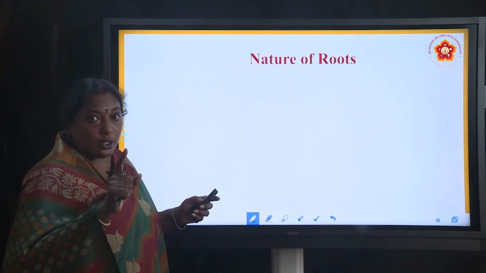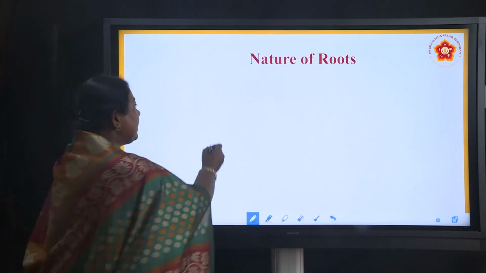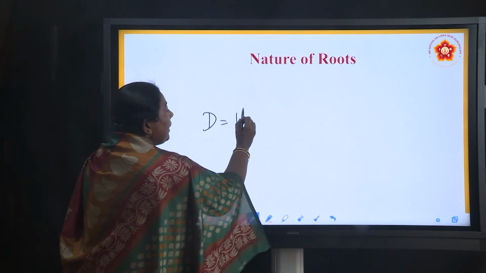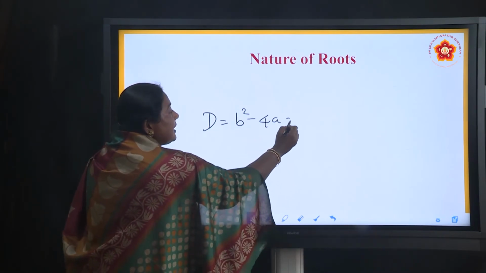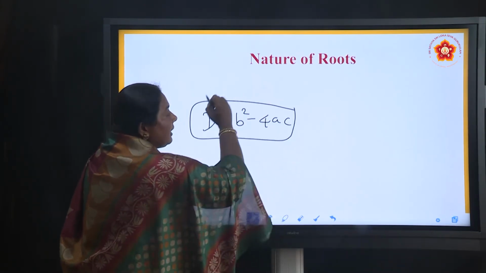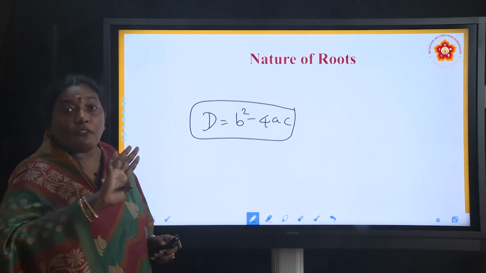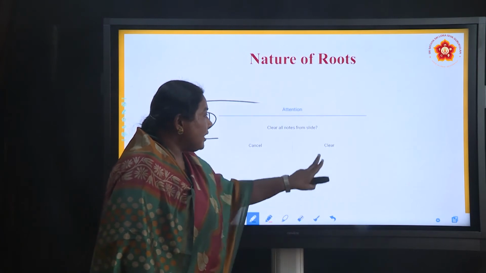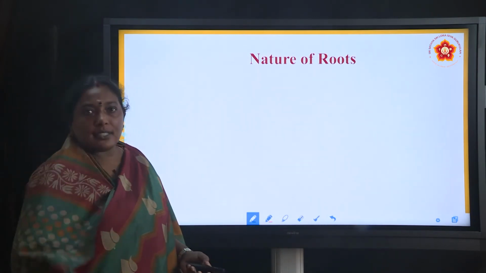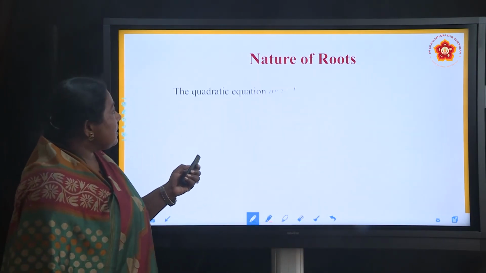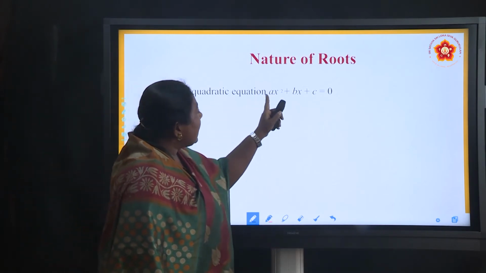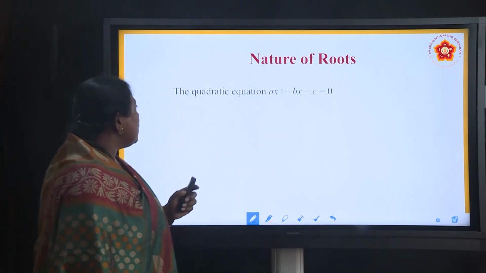I told this also, take care about the D part. D is equal to b square minus 4ac. This is the discriminant part which is going to tell you the nature of the roots without solving the answer. That is why we were doing the D part separately in each of the sums. Now, the quadratic equation ax square plus bx plus c equal to 0.